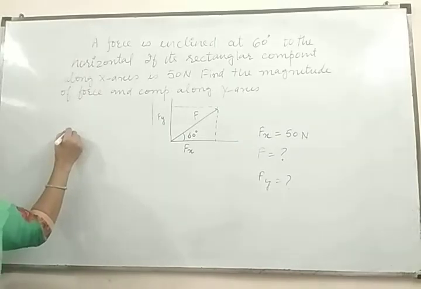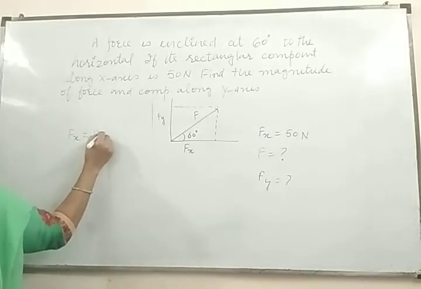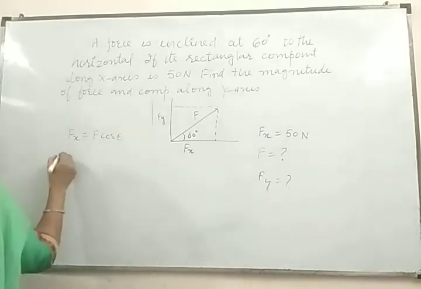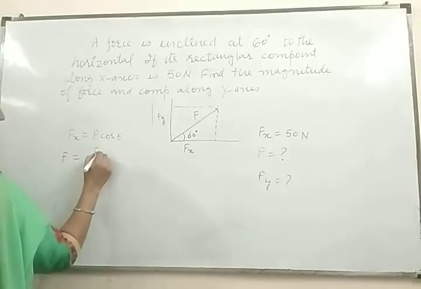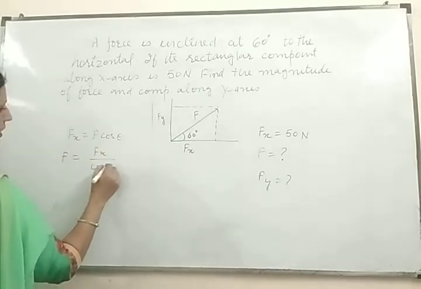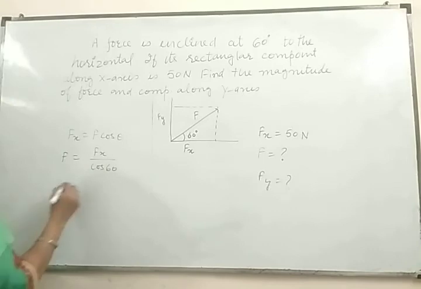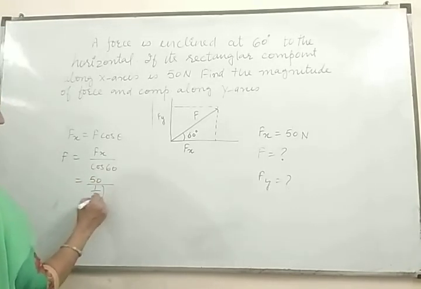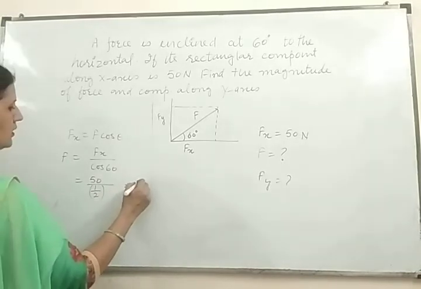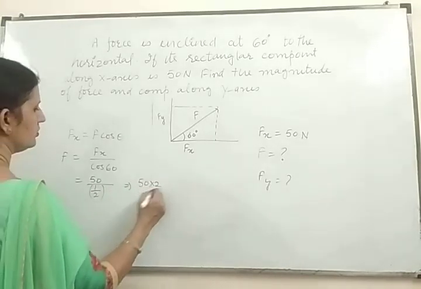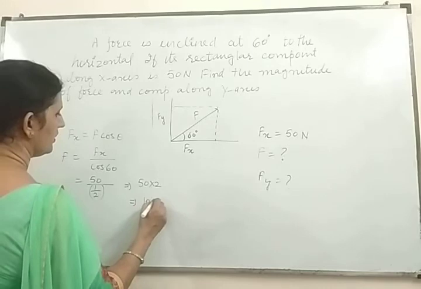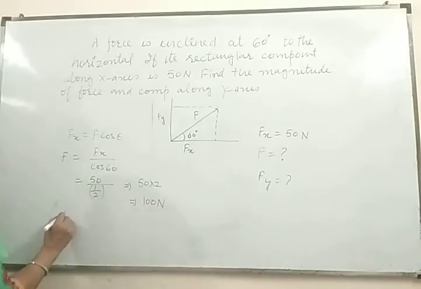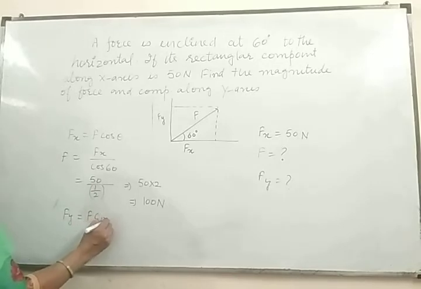The formula is Fx equal to F cos theta, so F is equal to Fx divided by cos 60. Fx is 50 Newton and the value of cos 60 is 1 by 2. This is 50 into 2, that is 100 Newton. And what is Fy? Fy is F sin theta.